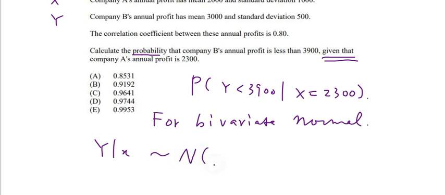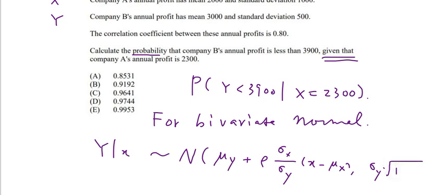The mean is mu_Y plus rho times sigma_Y over sigma_X times (x minus mu_X), where x is the condition. And the standard deviation is the standard deviation of Y multiplied by the square root of 1 minus rho squared.